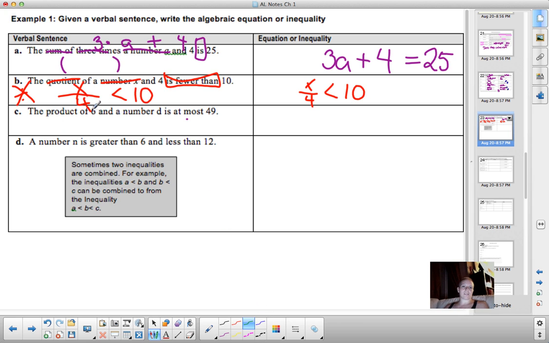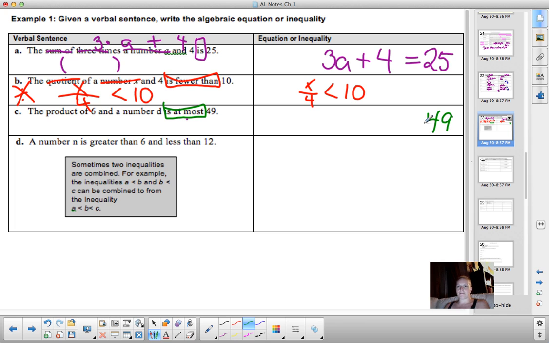The product of 6 and a number D is at most 49. Product, that's multiplication. Oh wait, there's my "is," so I don't get lost in the problem. "Is at most." So that's definitely an inequality statement, right? The box is a big one, as opposed to just an "is." Is at most 49. So we know we end with a 49.